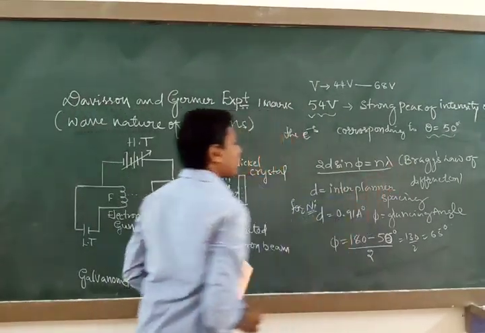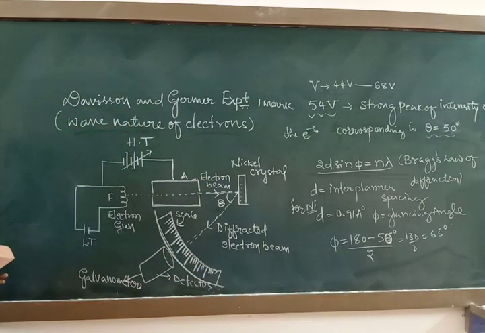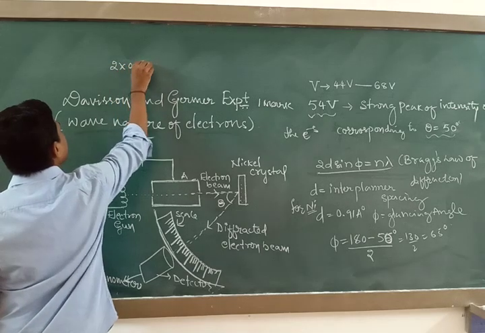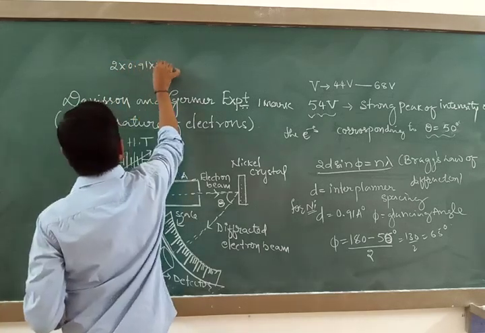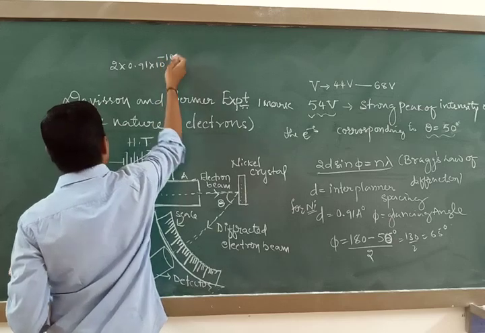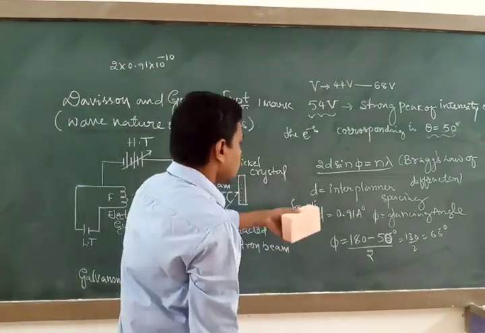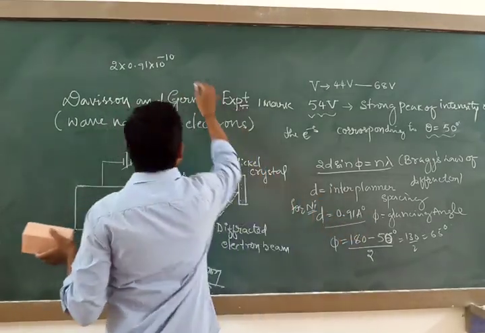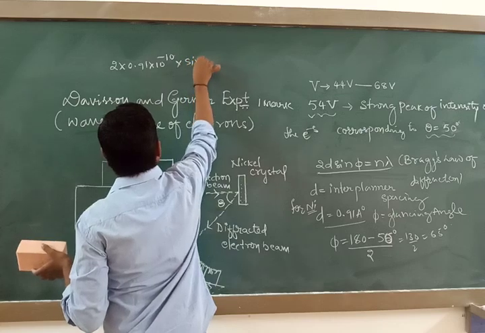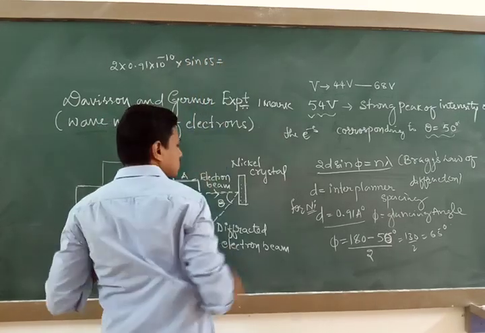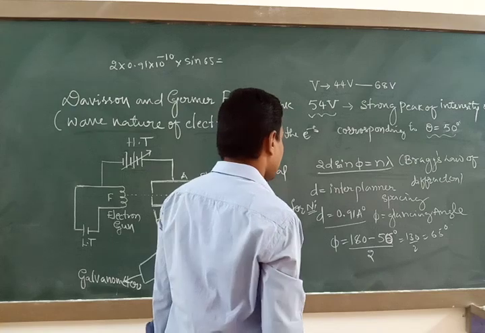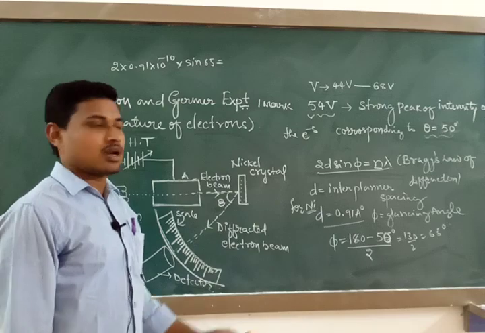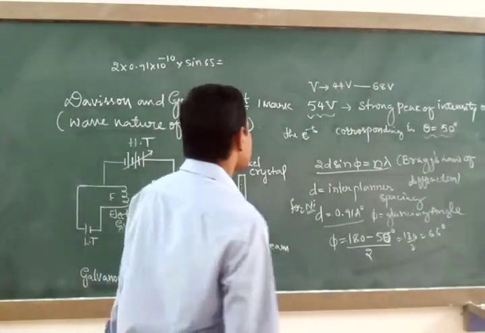So I am going to get 2 into 0.91 into 10 raised to minus 10, I have converted the d value, into sine 65 is equal to, for first order, where n is nothing but first order, second order, third order, like that.